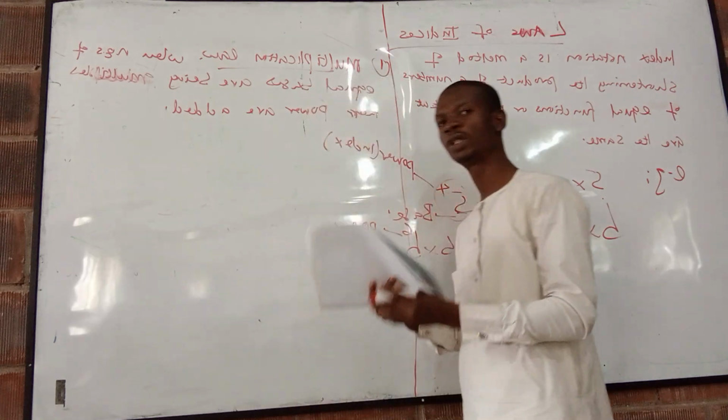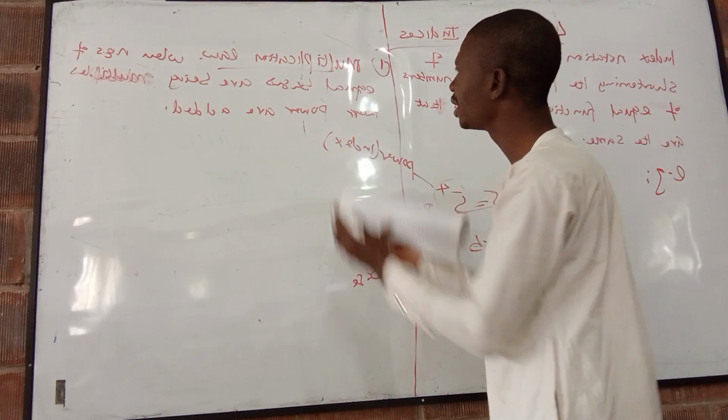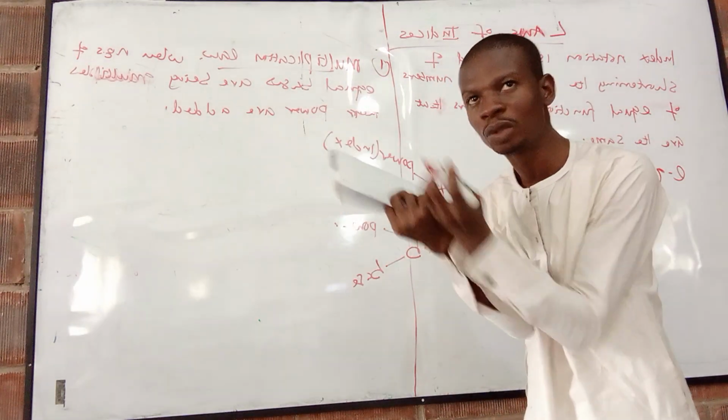Now, the law of multiplication is telling us that when a number of equal bases are being multiplied, their powers should simply be added together.